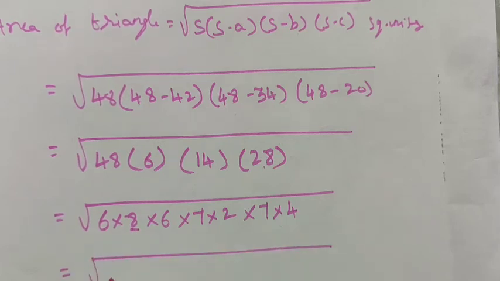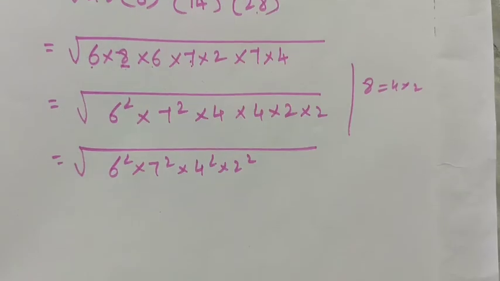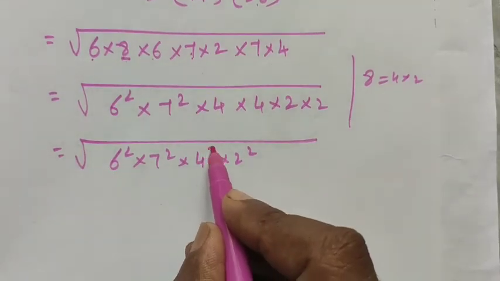So 6 into 6 is 6 square, 7 into 7 is 7 square, and here a 4 and here a 2. 8 is equal to 4 into 2. Now this term is equal to 6 square into 7 square into 4 square into 2 square.